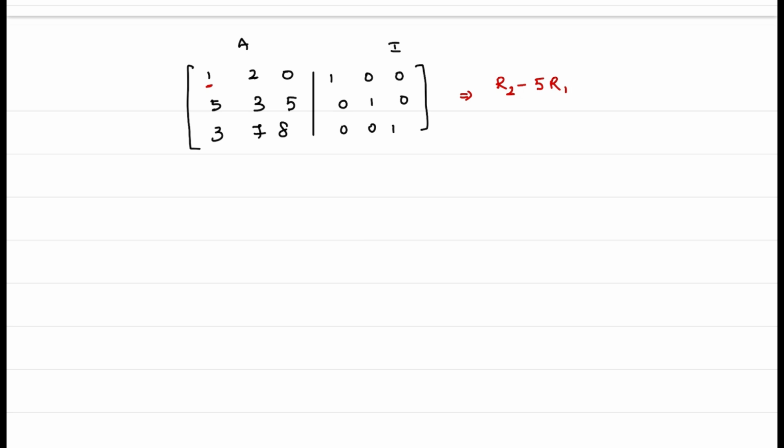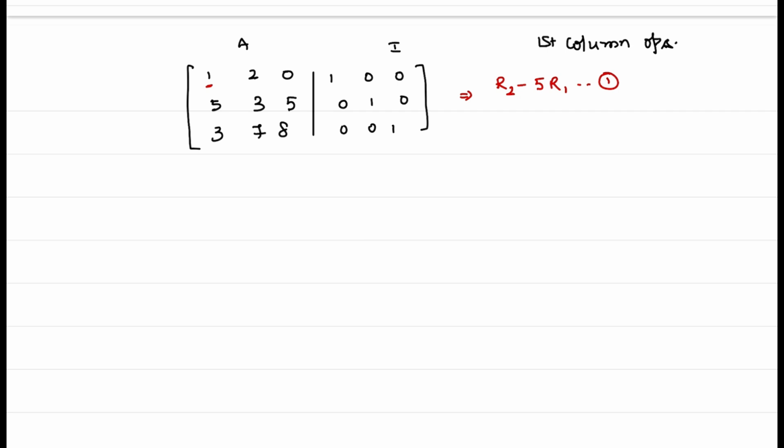You concentrate on the first column only. Don't concentrate on other things. First column operation. These are called elementary operations. First column operation, it is operation 1.